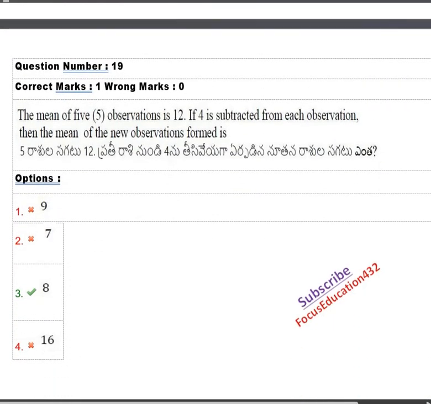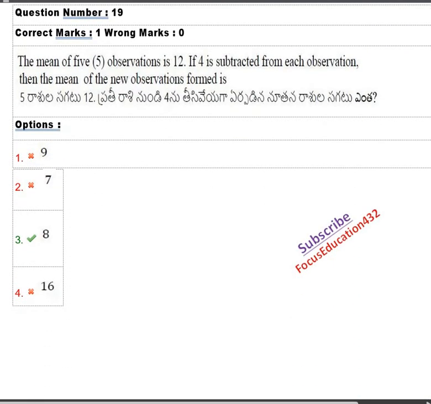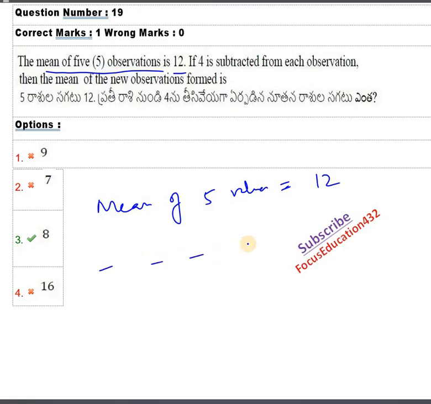Now question number 19. This is statistics, a very basic question, 8th class level. The mean of 5 observations is 12. Observations means some 5 values, and the average is 12.